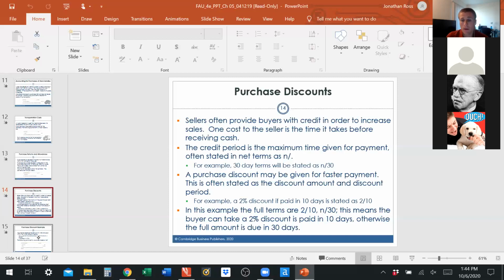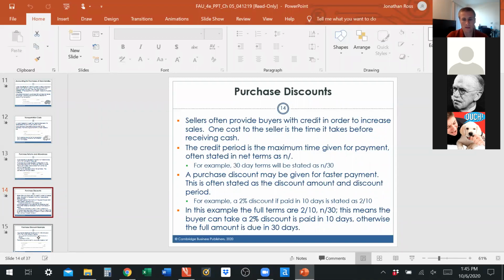A purchase discount may be given for faster payment. This is often stated as the discount amount and discount period. So, for example, a 2% discount if paid in 10 days would be stated as 2/10. So you're a buyer, you buy the 200 cameras from the seller, they ship you the cameras, and you receive the cameras in a box, and you also receive an invoice.